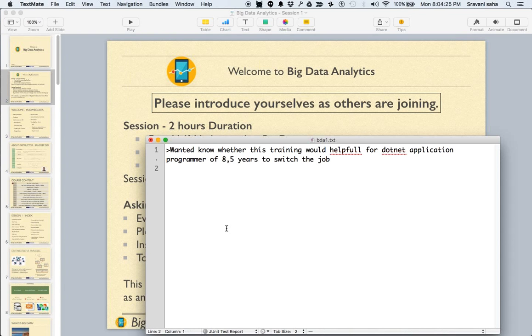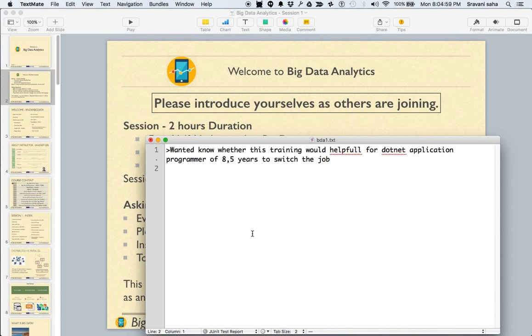It depends. Are you a web developer or are you a thick client application developer? All right, in C sharp and others. Yes. So, most of the big data analytics job is generally to understand how to analyze the data and how to present the data.